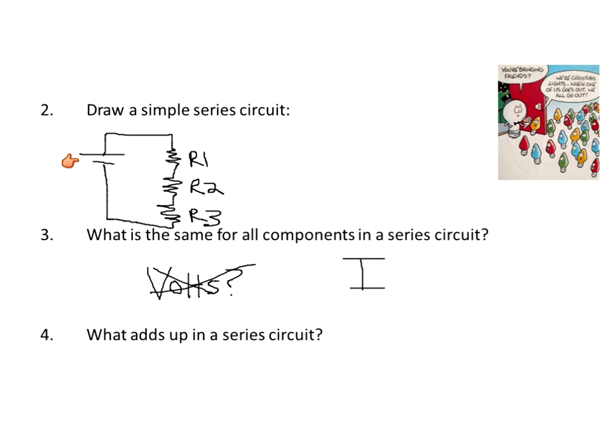So the voltage on each component adds up to the total source voltage. That's what a series circuit is. Again, a series circuit has the same current in all components, including the source. And what adds up in a series circuit? The voltage on each one of those components will add up to the source voltage.